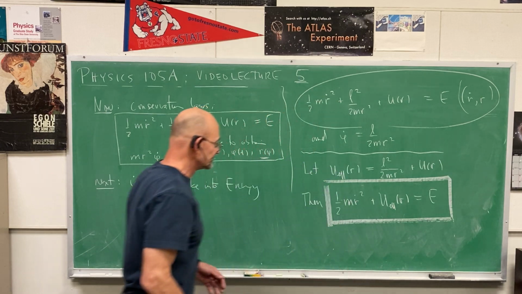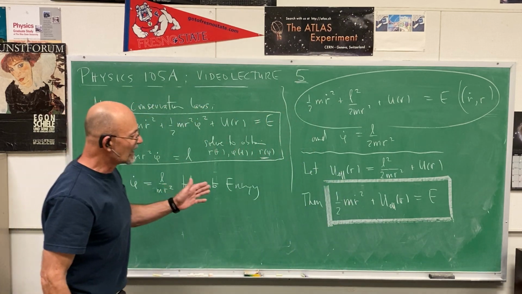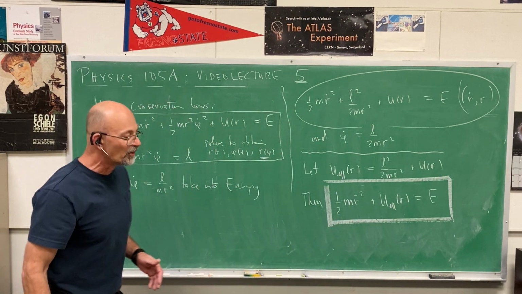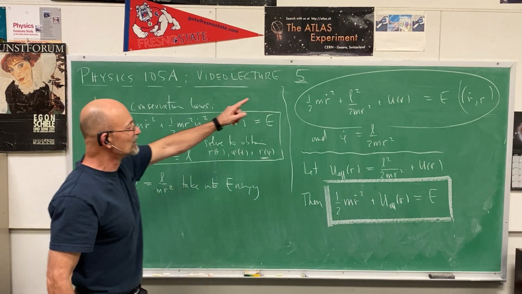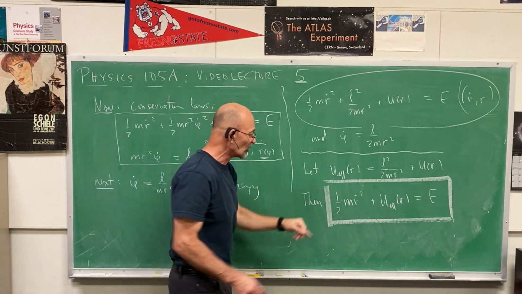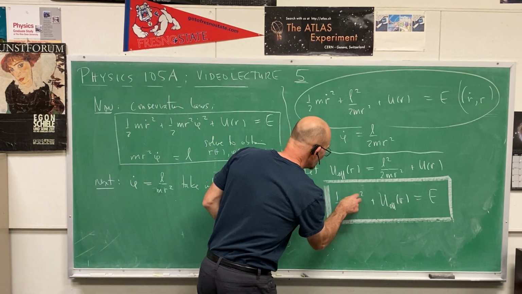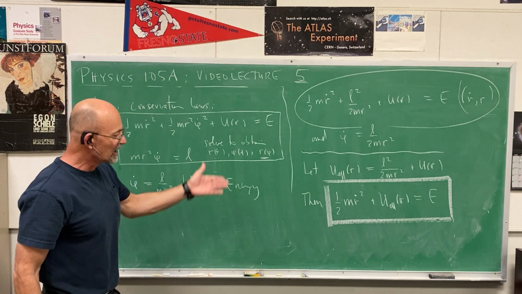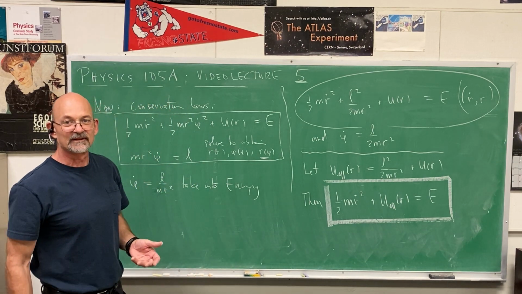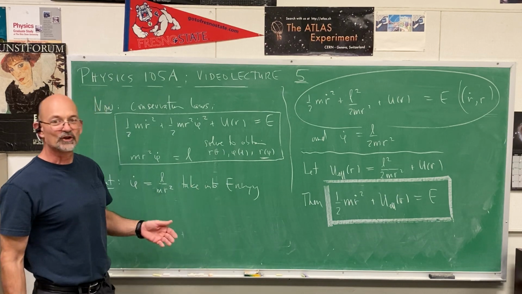because this is now just a one-dimensional problem. It's what is called the radial equation. It's a one degree of freedom, or one-dimensional problem. And we can just analyze it with all the skills we gained doing one-dimensional physics. So this one-dimensional physics wasn't contrived at all.